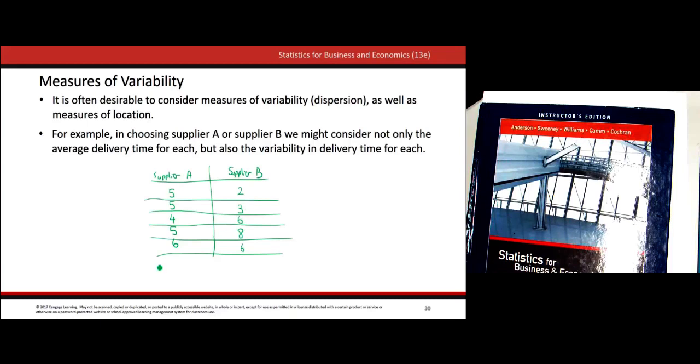Now what is the average delivery time for supplier A? Which is 5. Average delivery time for supplier B, it is 5 too.